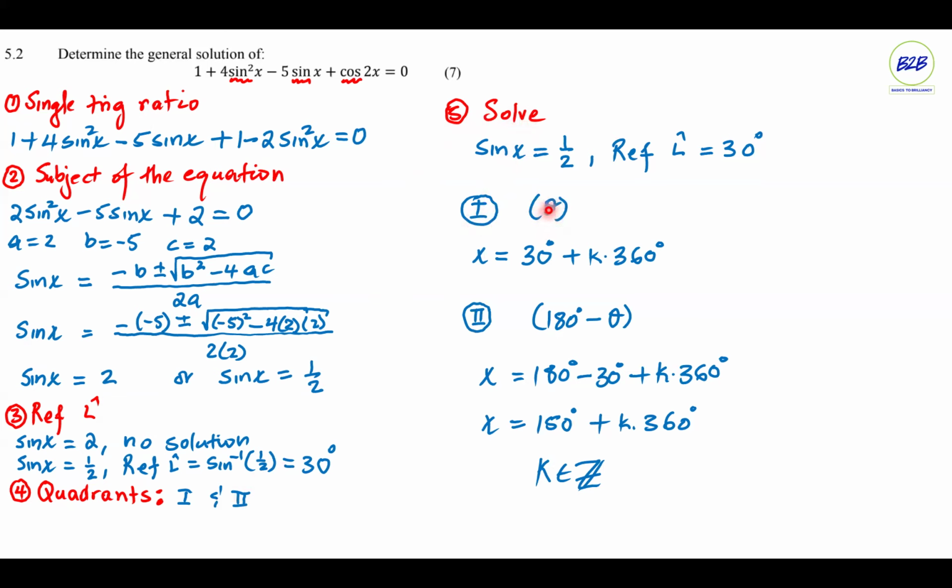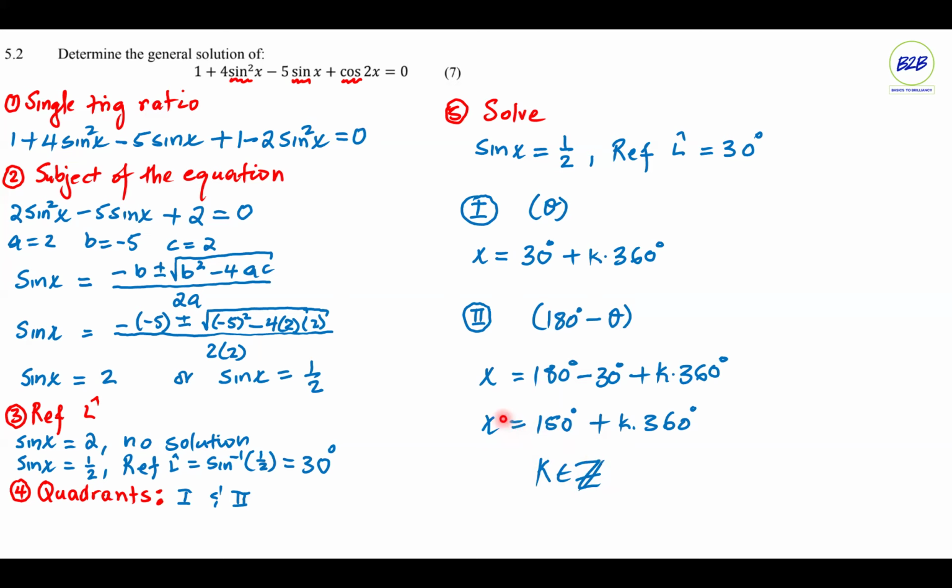Not necessarily a reduction formula, but it's an angle between 0 and 90 degrees, theta, in the first quadrant. And then within the second quadrant, we have an angle referred to as 180 degrees minus theta, the reduction formula. And then you substitute your reference angle. You conclude by saying k is an element of integers.